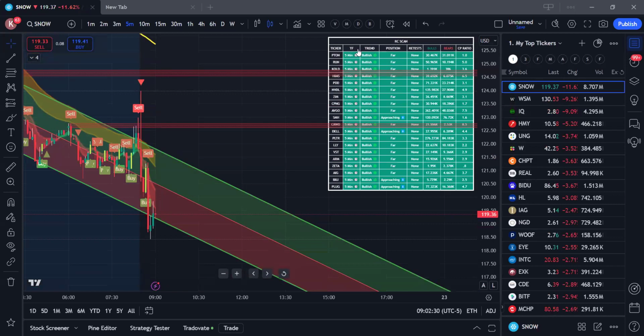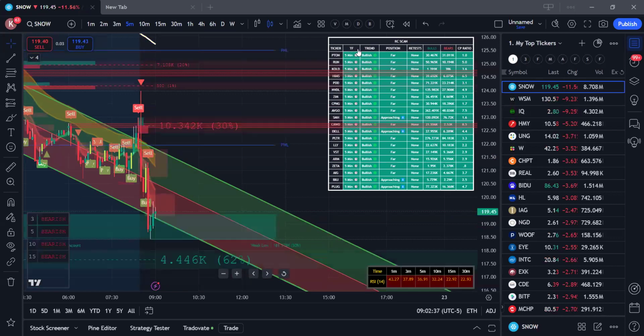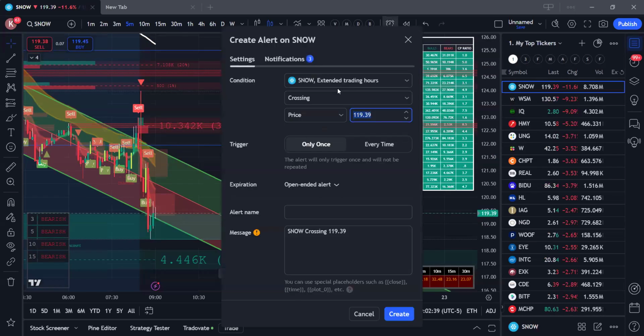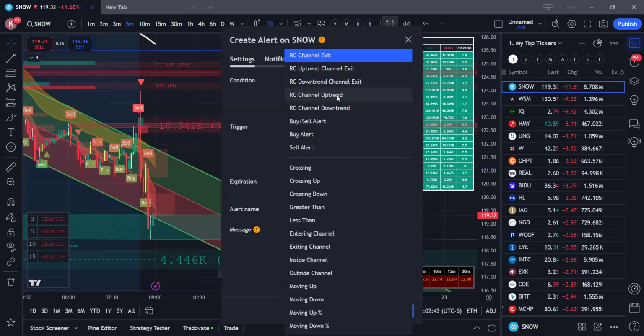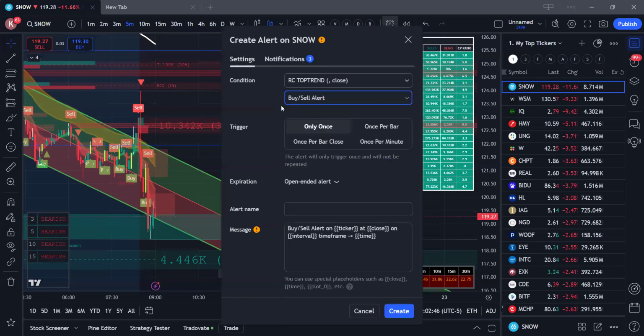So whichever are the most bearish tickers, for example, we got some multiple. Top trend is one of our top indicators.